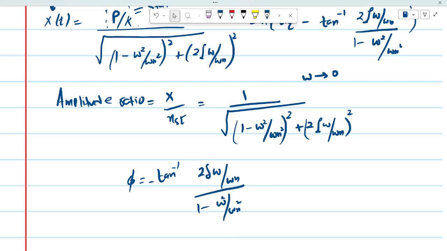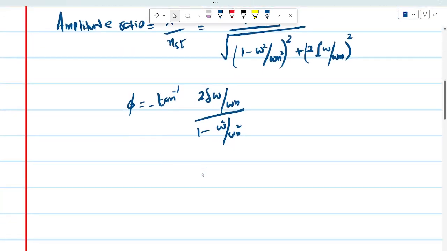Whenever we are evaluating the steady state response of a system, we are interested in identifying the amplitude ratio with the changing frequency of the input force. We are not interested in the absolute value of amplitude, rather we are interested in the amplitude ratio and the phase angle: how much lagging there is between the applied force and the system response.